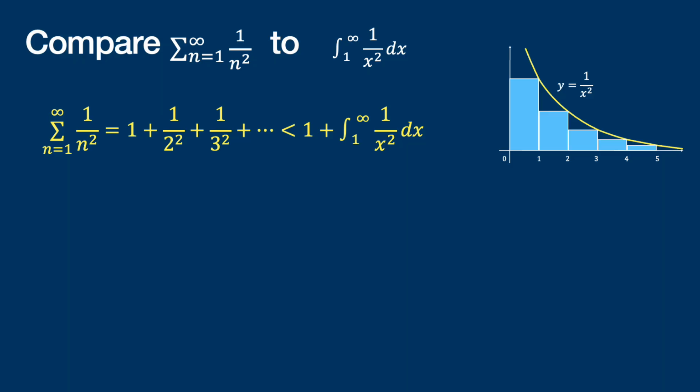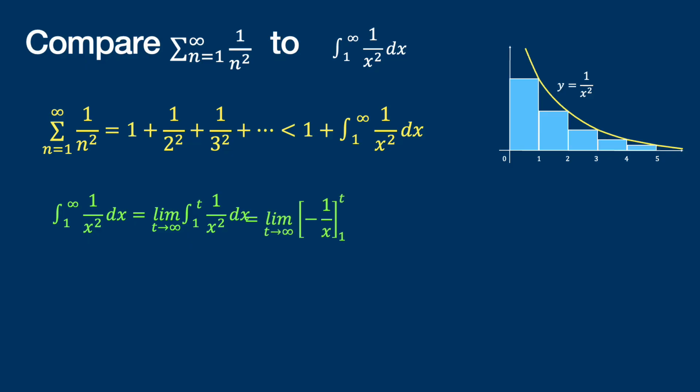Okay? Now, let's find the improper integral first. What's the value of this one? Let's review the improper integral one more time. Integral from 1 to infinity of 1 over x squared dx. The definition is integral from 1 to t, with t approaching infinity, of 1 over x squared dx. The antiderivative of 1 over x squared is negative 1 over x, from 1 to t.